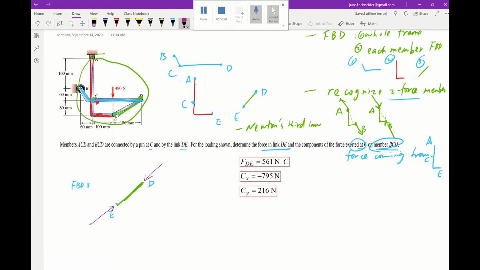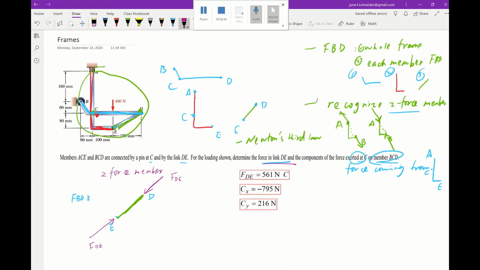That's a two force member here. So when they ask us for the force in link DE, basically they are asking for this force right here. And we can just call it FDE here. And this is also FDE, equal and opposite. Okay? So far we recognize a two force member, and we start to work on each member's free body diagram.